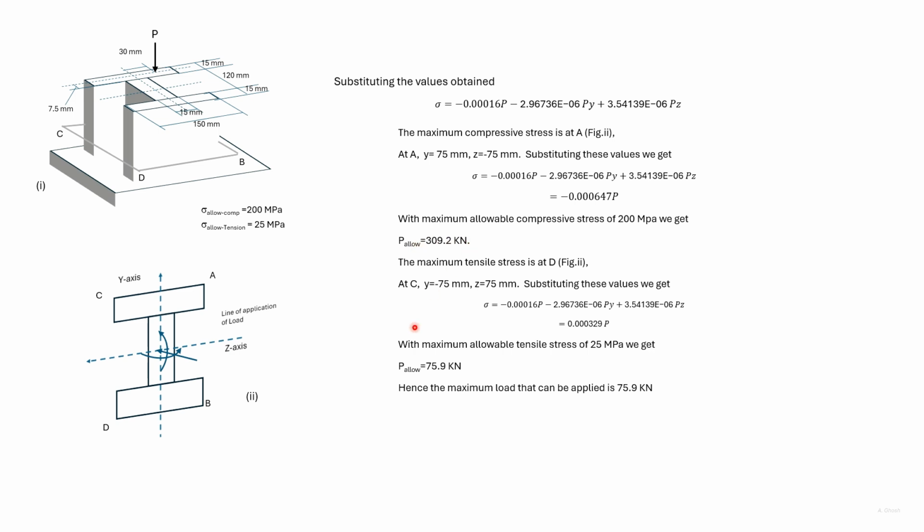Comparing these two values, we see that the maximum value that can be applied is the value related to tensile failure. So the maximum P that can be applied is this value.